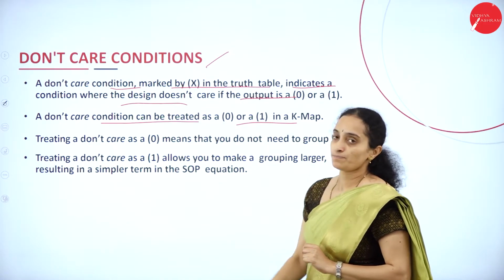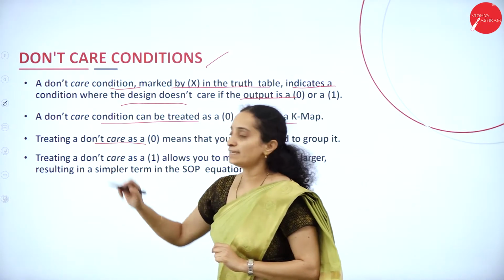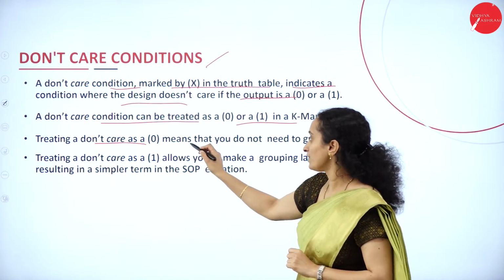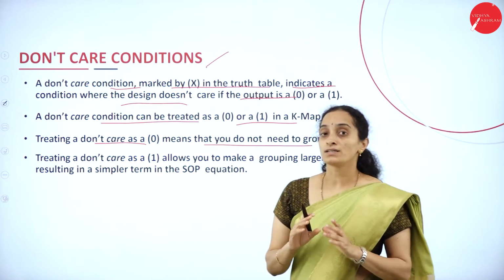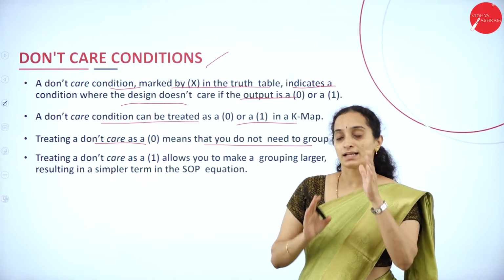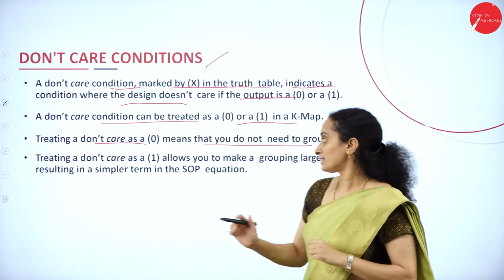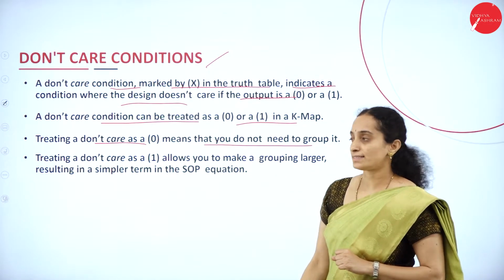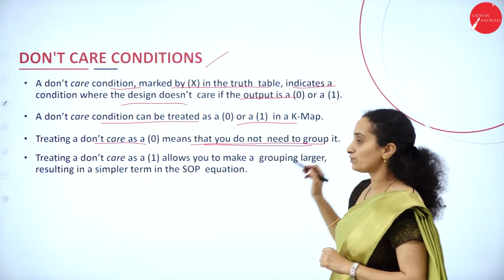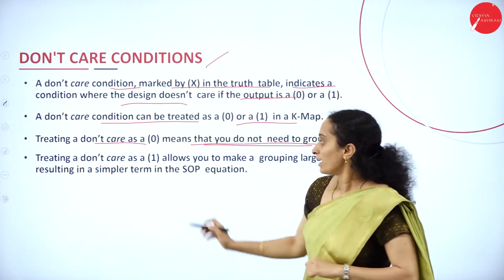Treating a don't care as a 0 means that you do not need to group it. If you consider the cells of 1 for SOP, a don't care as a 0 means that you don't group it.